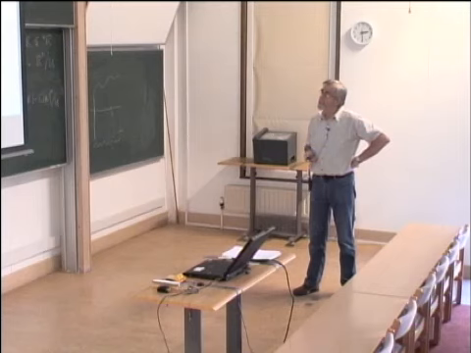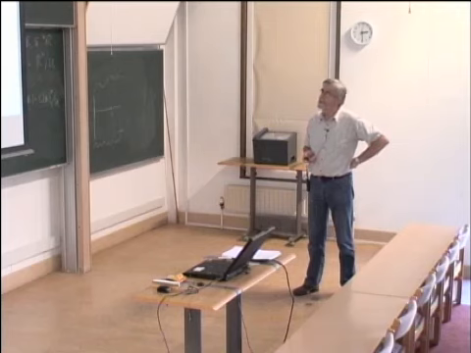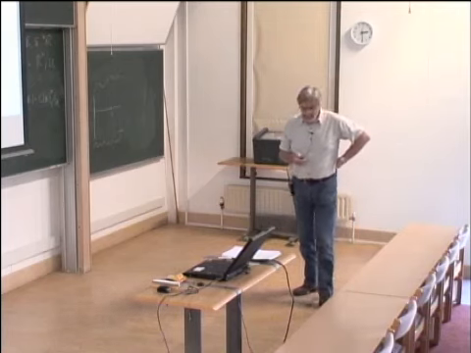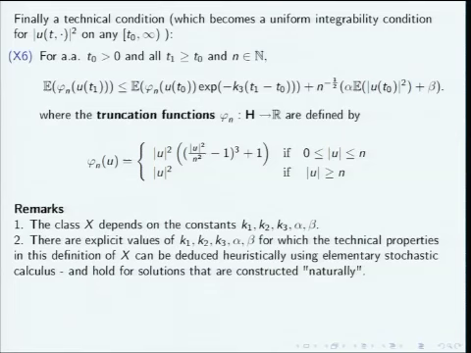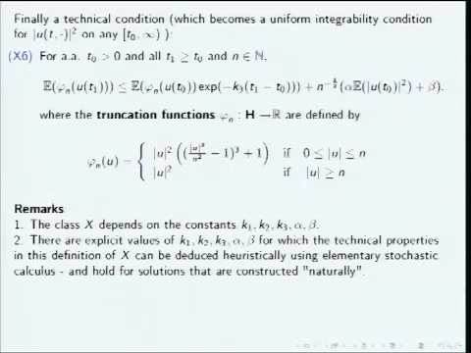Now, the class that I've defined does depend on what these constants are. But here's the main point: if you take the Navier-Stokes equations and just do heuristics on them, pretend you can use Ito and so on, although you can't, you can actually obtain constants which give these conditions.